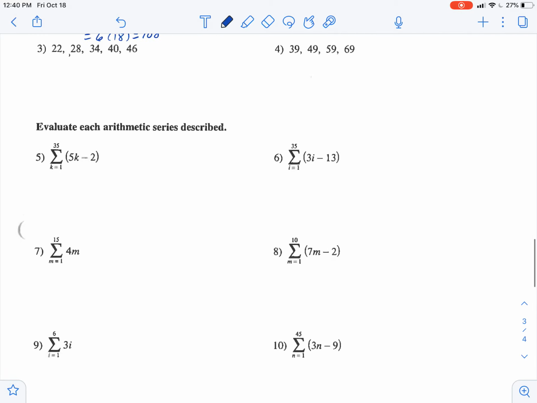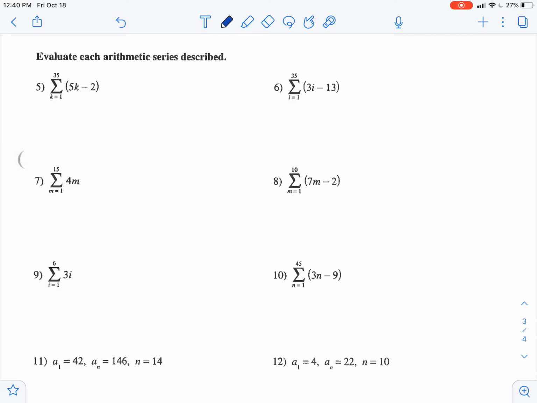Okay. I also showed you the summation symbol. And again, it is asking you to find the sum from the first one to the 35th one. Now, again, you don't have to put all 35 in there, because our formula, we only need to know S1 and S35. Okay, so you've been given the formula.